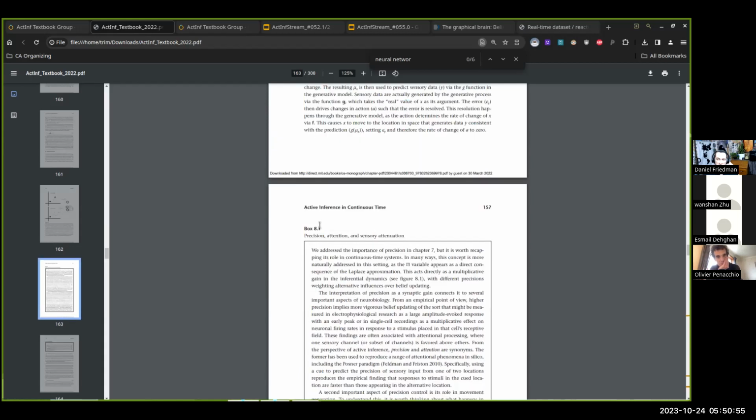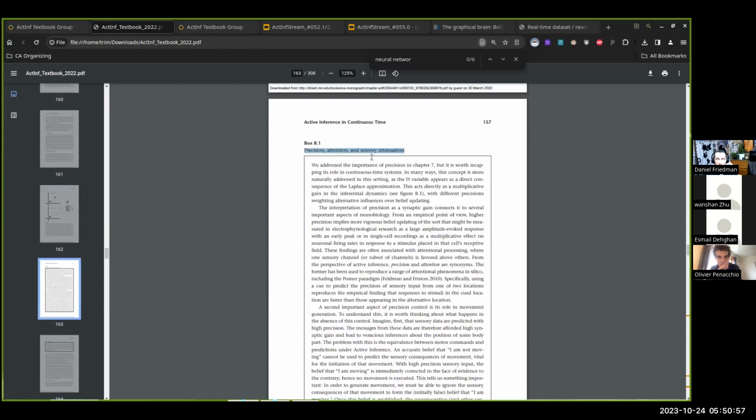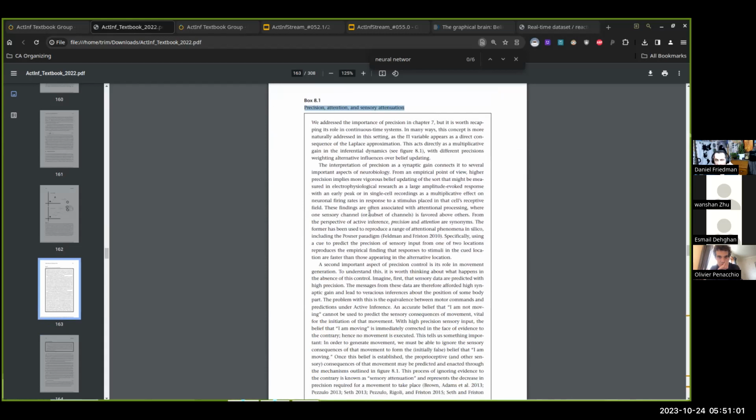We may have talked last week about sensory attenuation and the precision dynamics. We talked about getting up out of a chair, and about moving with the eyes, the eye saccade, and how during the execution of a movement you're still getting sensory feedback.